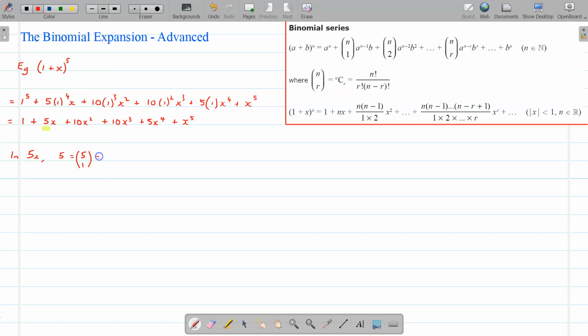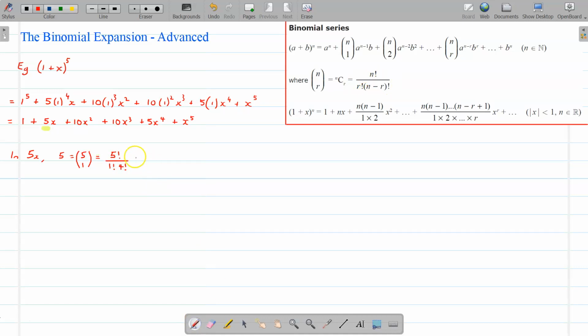And that is in turn from 5 factorial divided by 1 factorial times 5 minus 1 factorial, which is 4 factorial. Okay, and you can see that here.